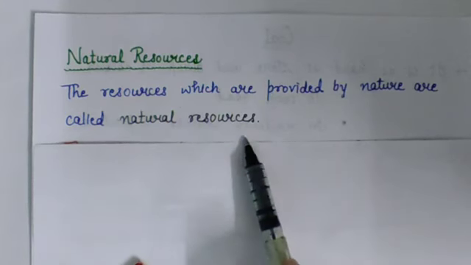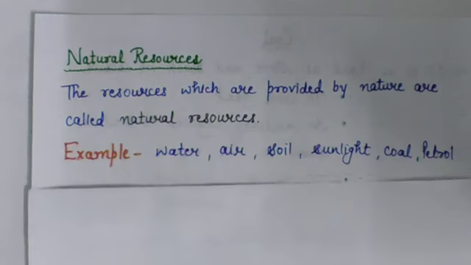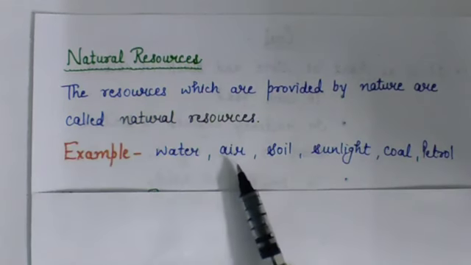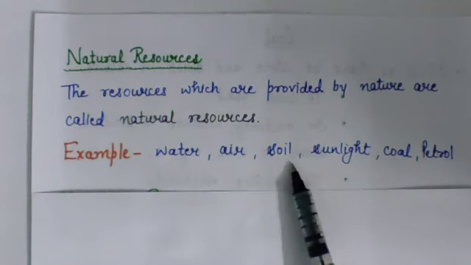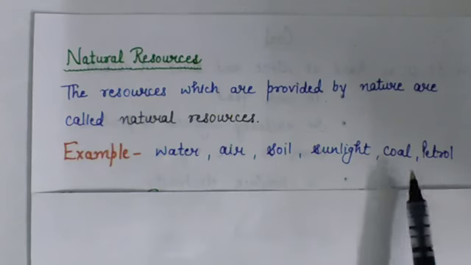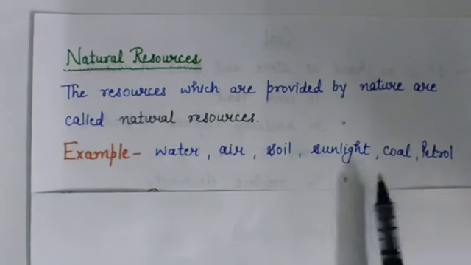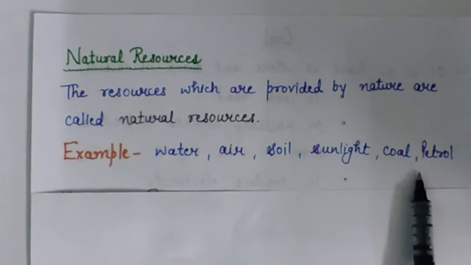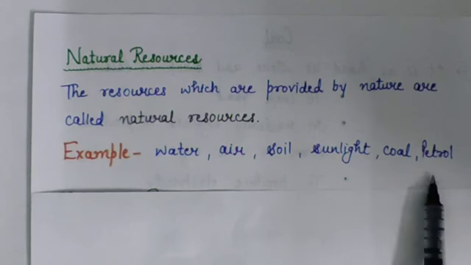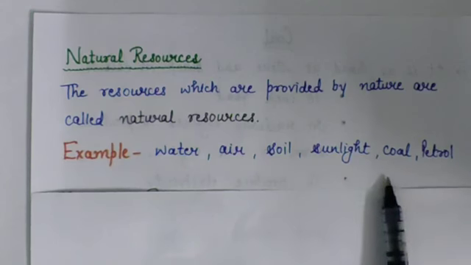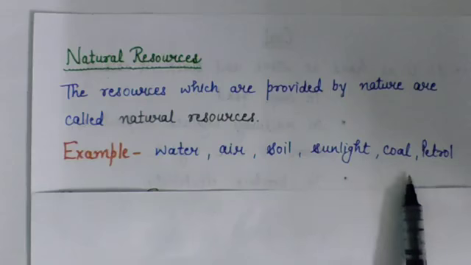Examples are water, air, soil, sunlight, coal and petroleum. These are some examples of natural resources. They are obtained from nature, means these things are provided to us by nature.